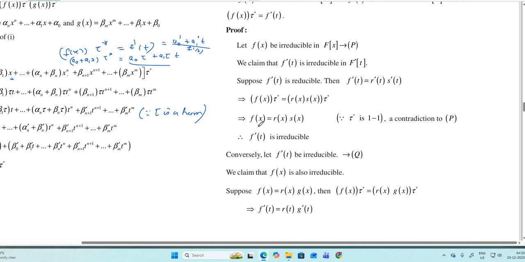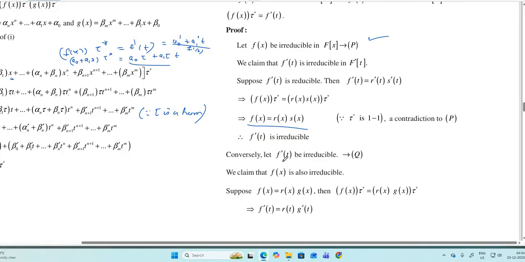But tau star is one to one, so this would imply that f of x equals r of x into s of x. You have factorized f of x, which means it becomes reducible. But this contradicts statement P, because it says that f of x is irreducible. So your f prime of t is irreducible.